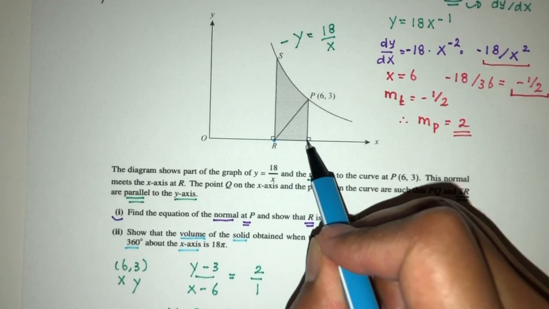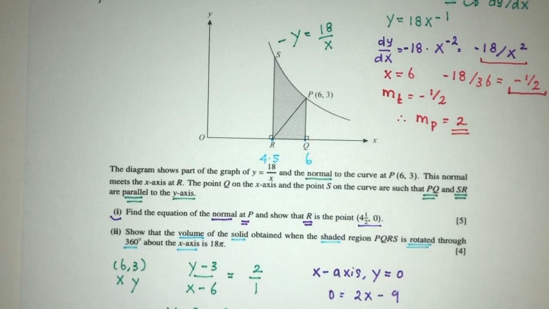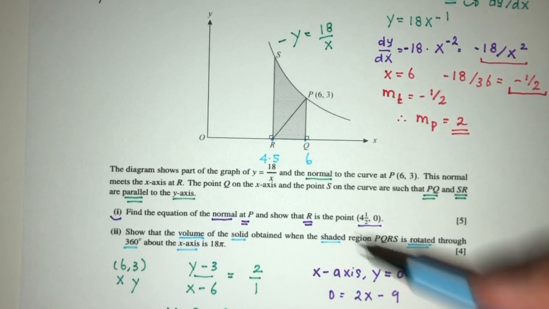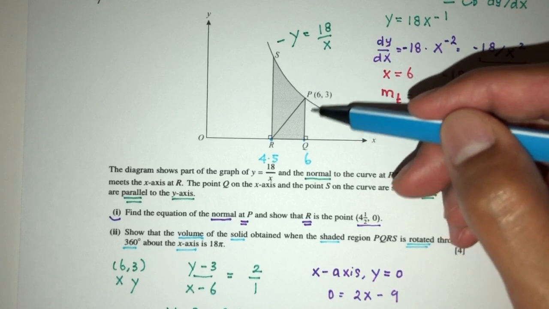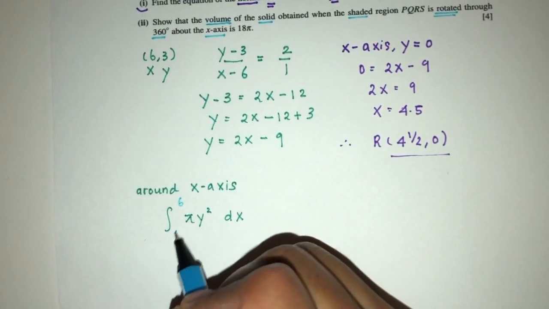Now what are the limits? As you can see, we have this point and this point. This is 4.5, and the point Q is simply 6, right? This is the x value of the point Q. Because it is directly below P, P has x value 6. If it is exactly below, it will be 6 as well. So the limits will be 6 and 4.5.